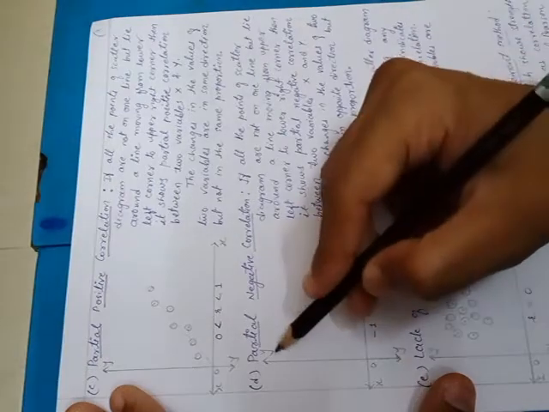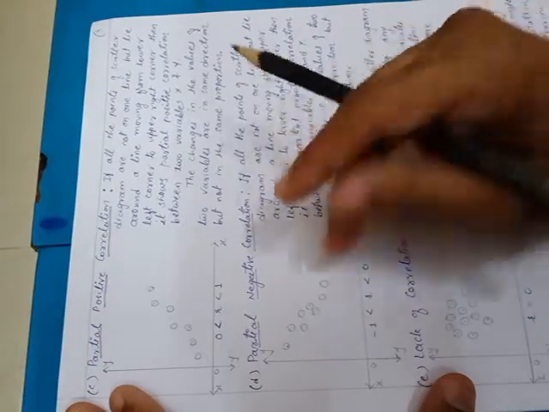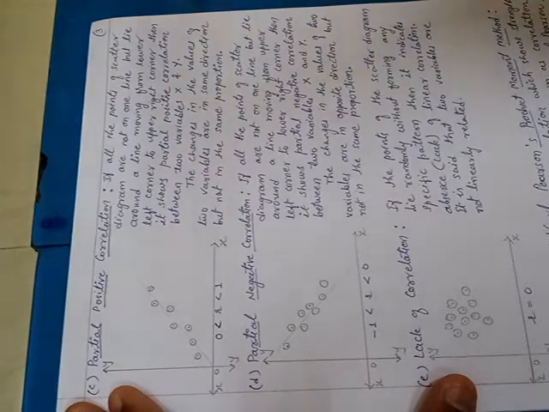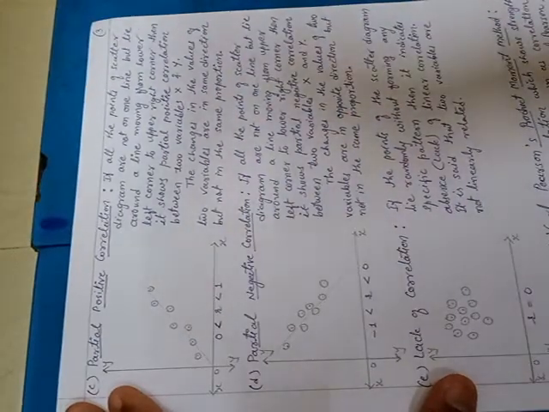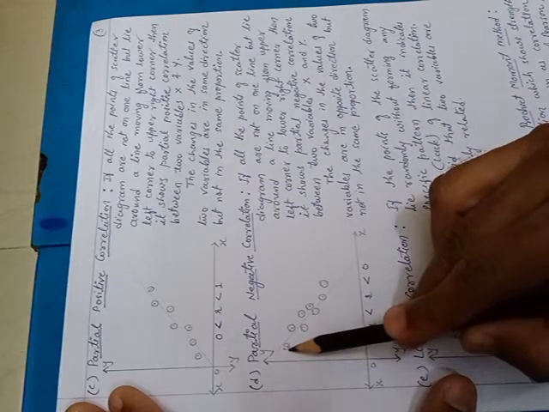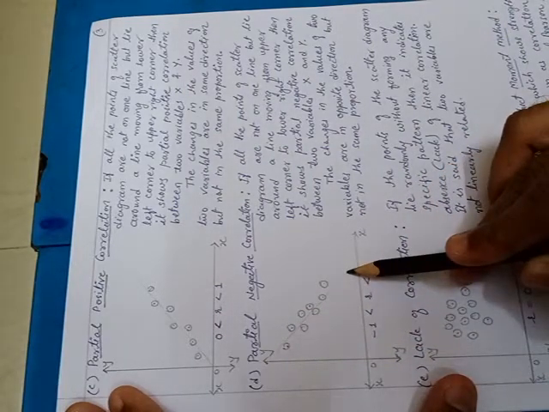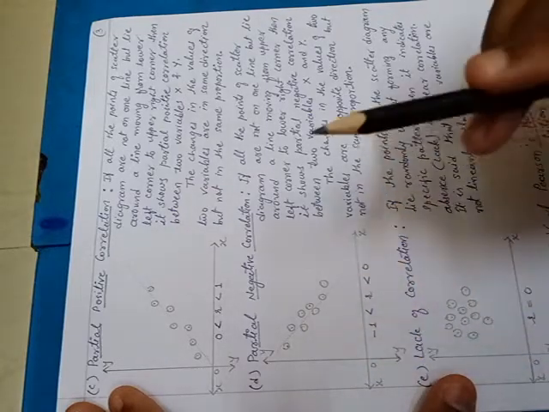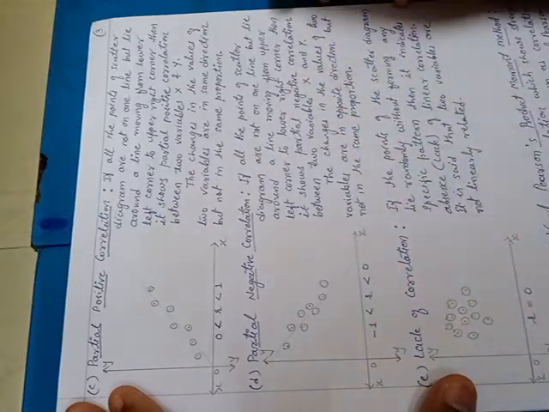If you draw one line through the points, you can see they are nearer to a straight line, not on it. So when the points are nearer to that straight line and are moving from the upper left-hand corner to the lower right-hand corner, then it is said that there is partial negative correlation.